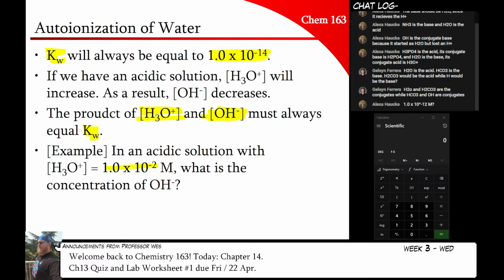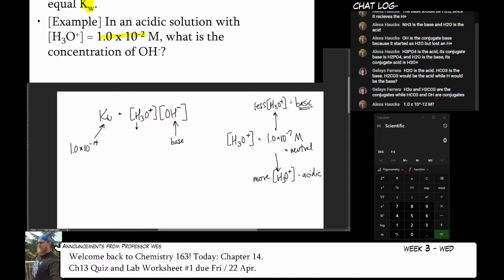So we'll go over here. And so if I say, okay, well, Kw divided by H3O+ must be hydroxide.